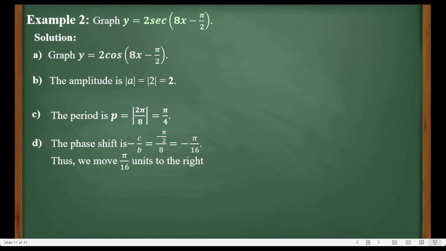From this formula, we replace the values, so that is negative of negative pi over 2 over 8. We simplify this and it will give us pi over 16. It's positive, meaning the graph is moved by pi over 16 units to the right.